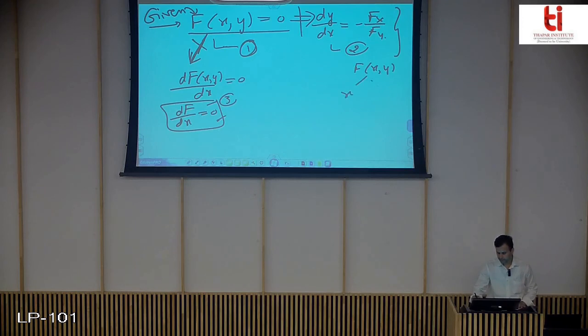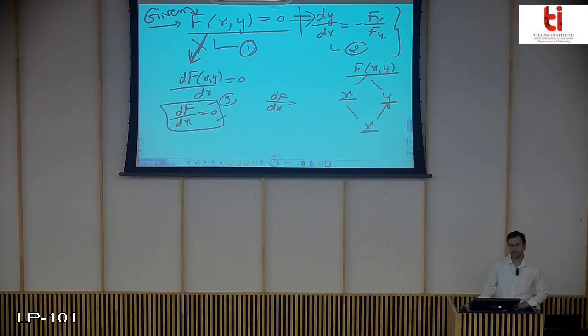Now f is a function of x and y, and y is again given to be a function of x. So this is where we are using the chain rule or tree diagram. f is a function of x and y, and y is again a function of x. So using the chain rule, df/dx is an ordinary derivative because f depends upon a single variable x here.